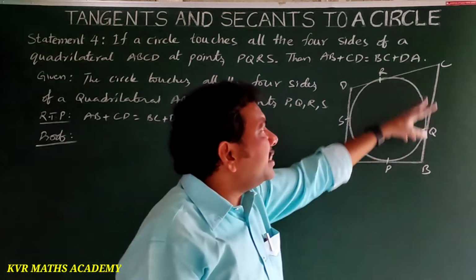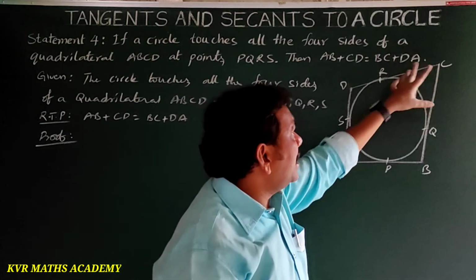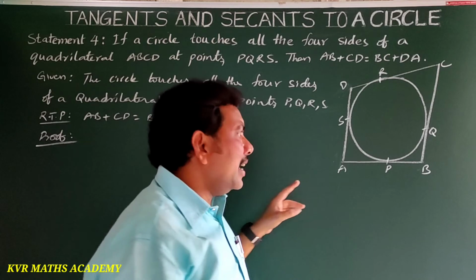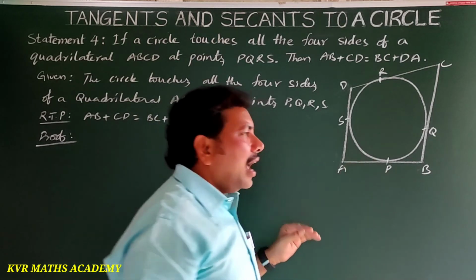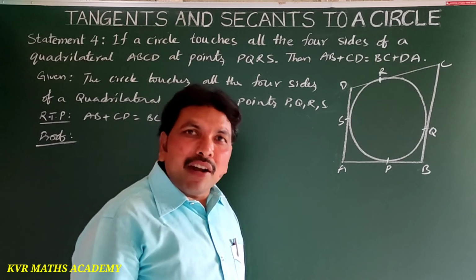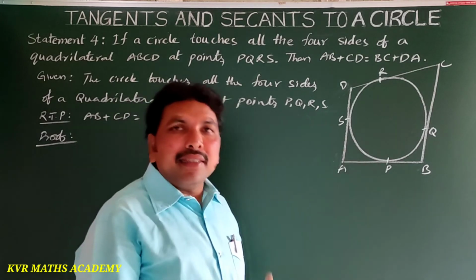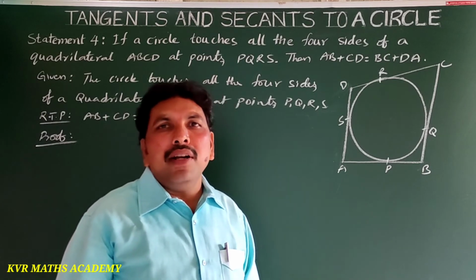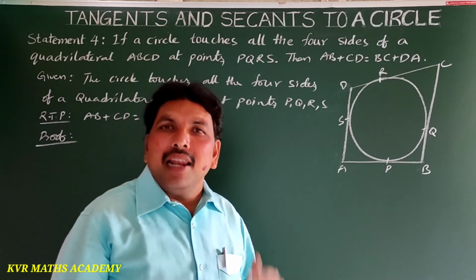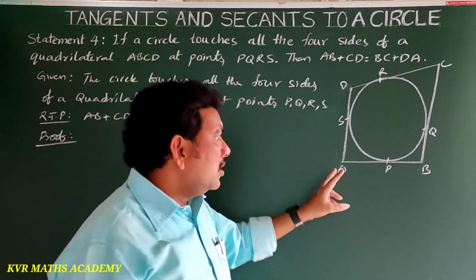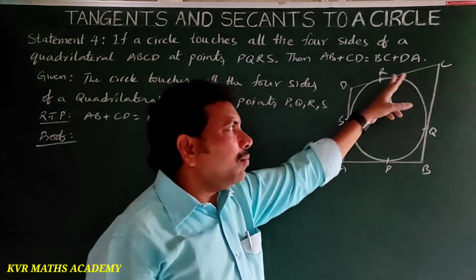AB, BC, CD and DA are all tangents, isn't it? Yes. So already we have learned theorem 9.2. From that, what can you say? The lengths of tangents which are drawn from an external point are equal. So these are the external points or not?